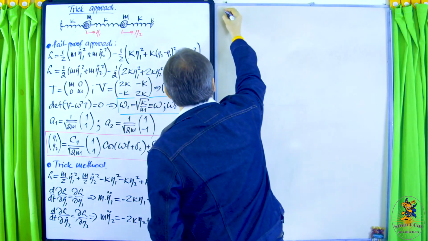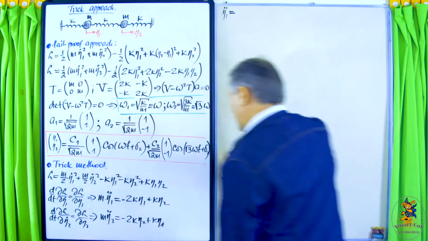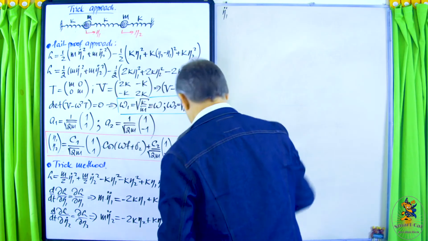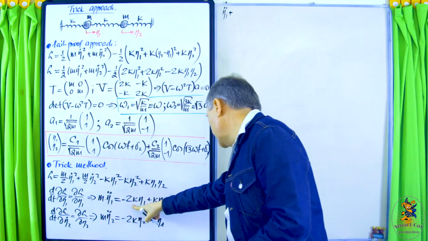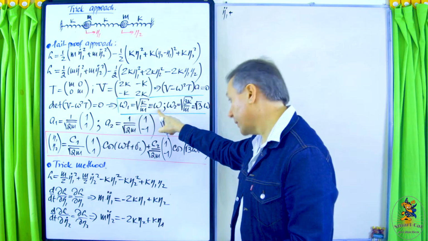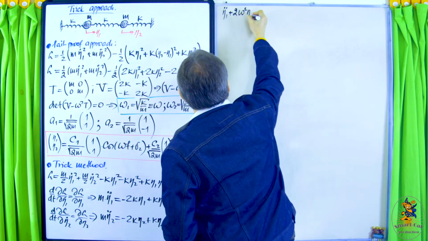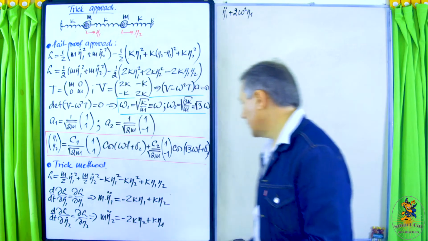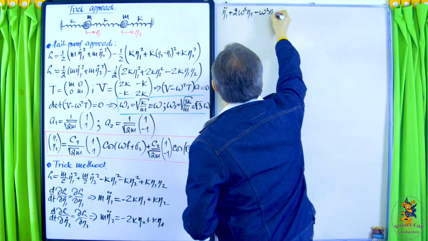As a result, eta 1 double dot, moving terms to that side, plus 2k over m, which is 2 omega squared, eta 1, so plus 2 omega squared eta 1, and minus omega squared eta 2 equals 0.